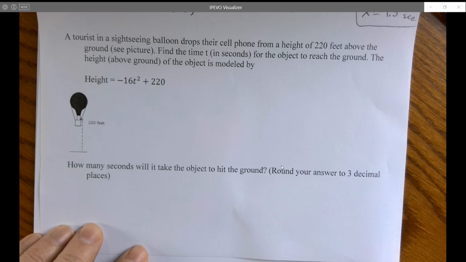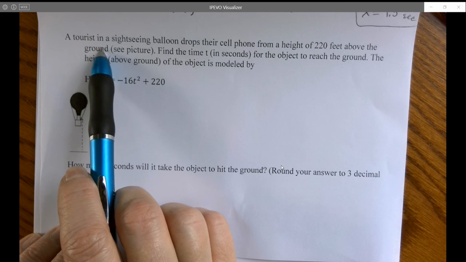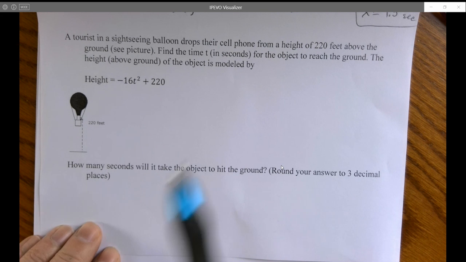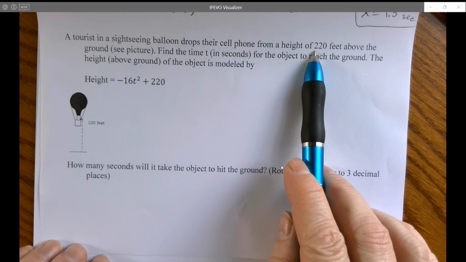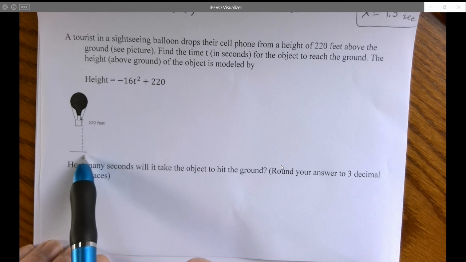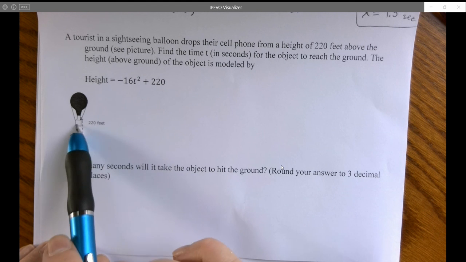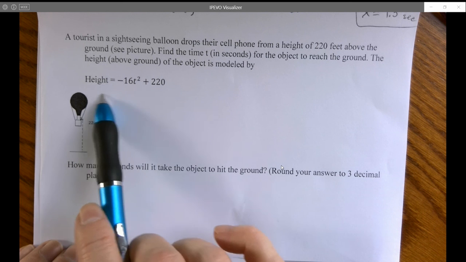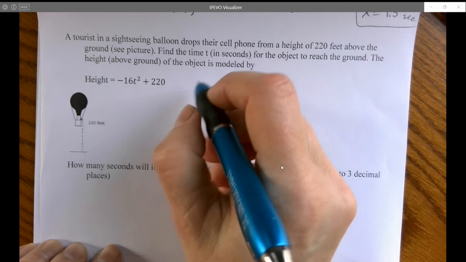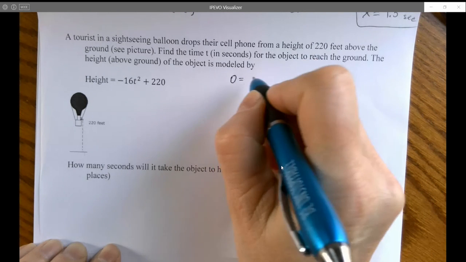Again, a tourist in a sightseeing balloon drops a cell phone, and it is 220 feet above. And the trajectory of the cell phone will be written with this formula. And we need to find in how many seconds this cell phone will hit the ground. Again, the height will be 0.